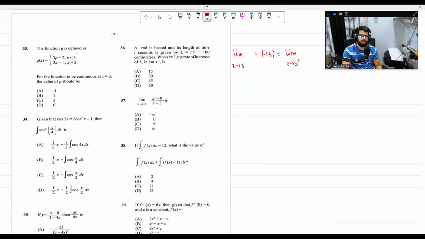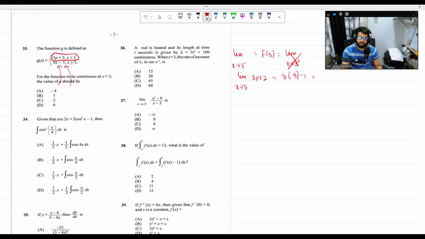If I tend to 3 from the left, I'm using this. So I'm going to get the limit as x tends to 3 of 3p plus 2 must be equal to f of 3, which is going to be this here, 3 into 3 take away 1, which is equal to, if I tend to 3 from the right, I'm using this same limit here.